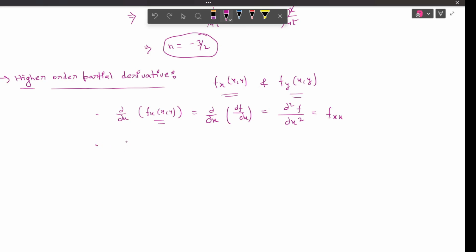Now the second one is del by del y of f_y(x, y). This should be del by del y of del f by del y, and this is del square f by del y square, and we can write this as f y y.